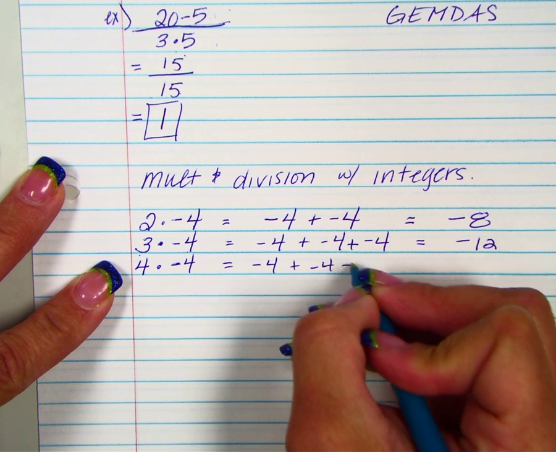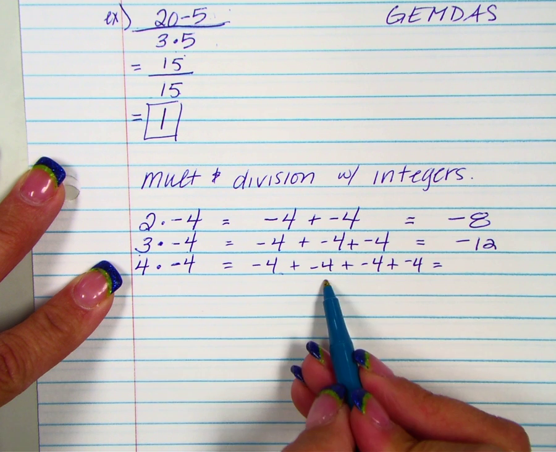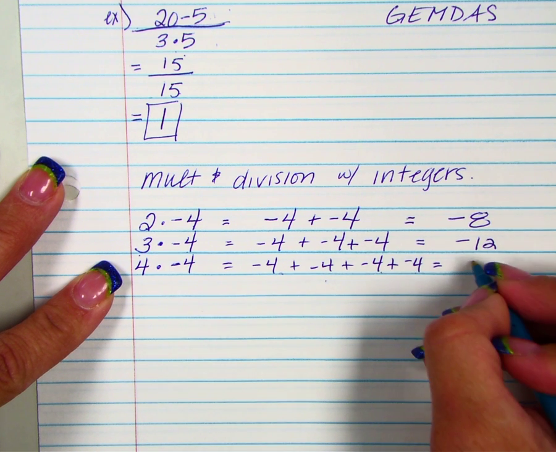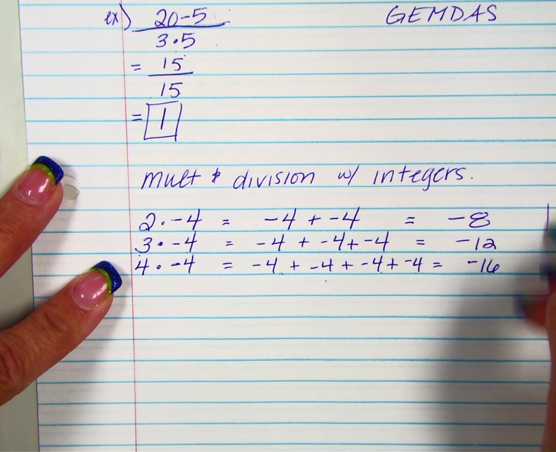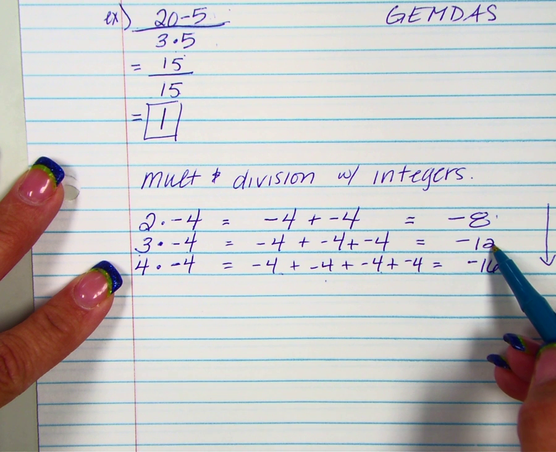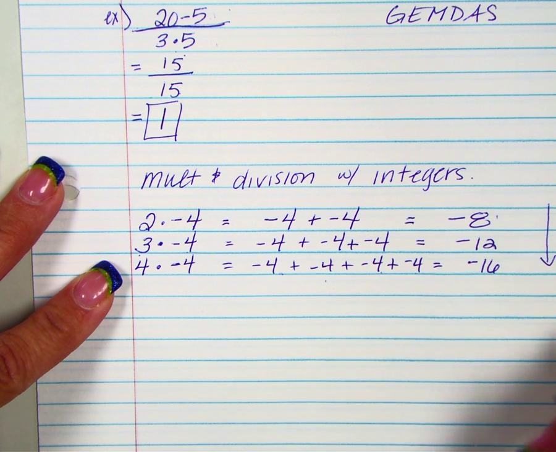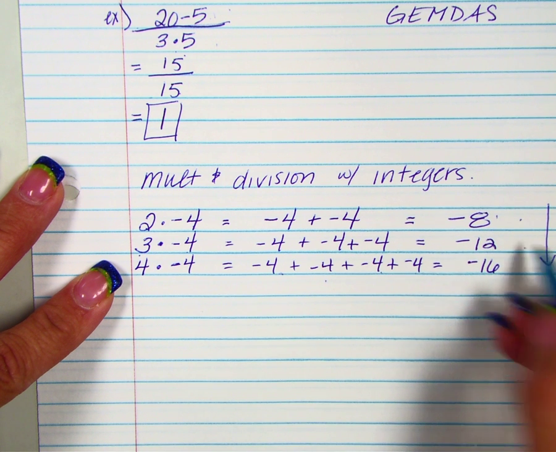And negative 4 plus negative 4 plus negative 4 plus negative 4 is negative 16. Okay, and as you can see, there's a pattern going down like this. Negative 8, to get to negative 12, you had to add another negative 4. So every time you jumped from here to here, you were adding negative 4.